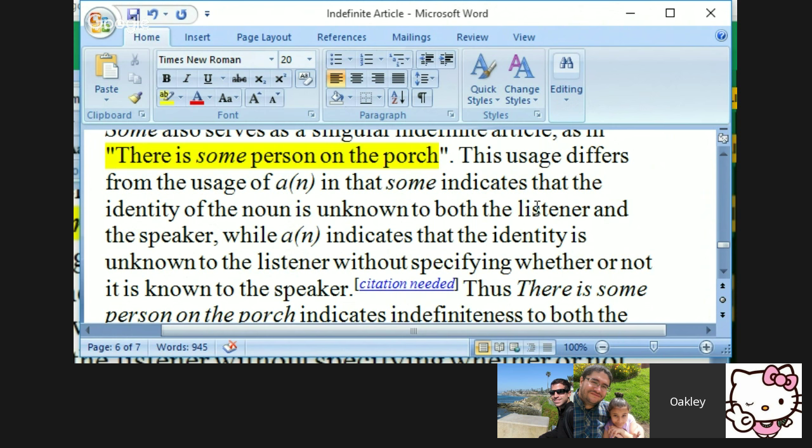That's a tricky one. There's a certain individual on the porch who I know you don't want to see. That's very unique because that means that the speaker knows who that person is. And the listener doesn't know who it is yet, but when the listener sees them, they will know. Is that overly complicated?